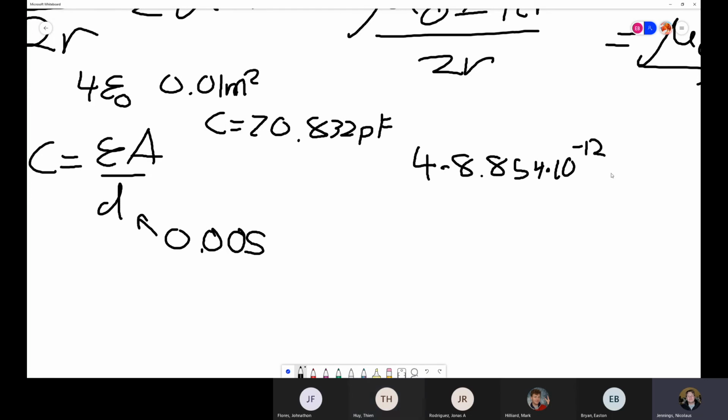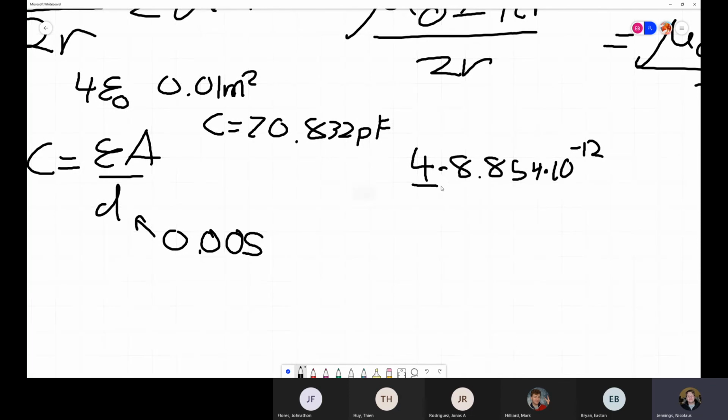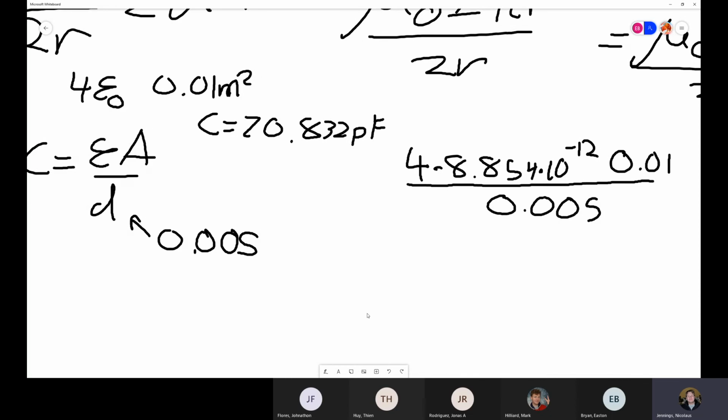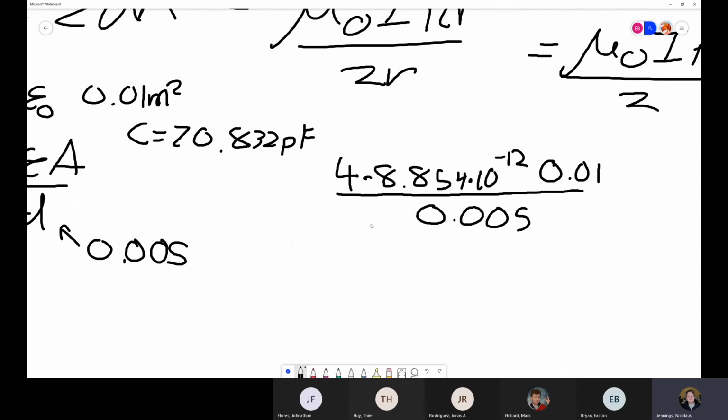Okay, I was thinking 21 for some reason. Okay, thank you. And then we have the area, which is 0.01 meters squared, and the distance between the plates is 0.5. Then when you compute this, obviously this is times 10 to the -3. That'll sort of cancel out. Then you have times 10 to the -9, and then you have 4 times this, so that's 32-ish. Do you want me to work it out right now? I can if you want me to.